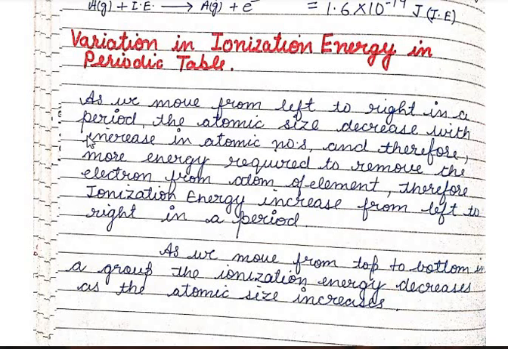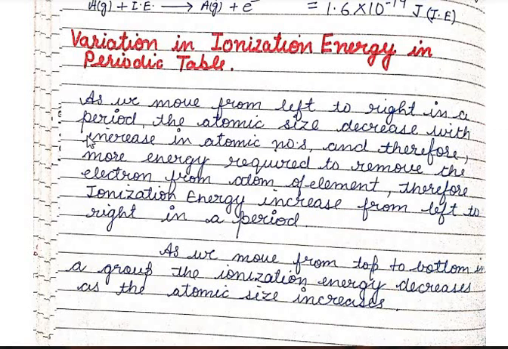Therefore, ionization energy increases from left to right in a period as atomic number increases. As we move from top to bottom in a group, the ionization energy decreases as the atomic size increases.